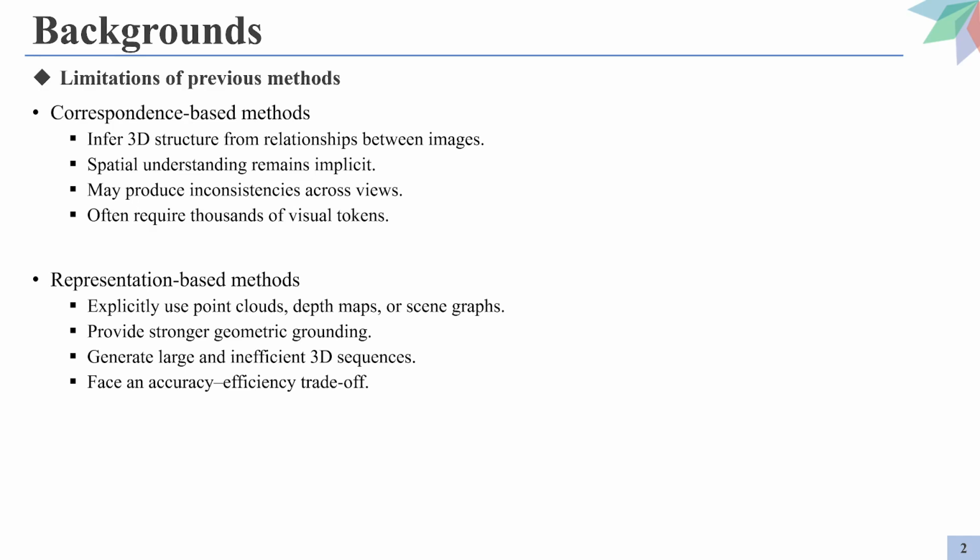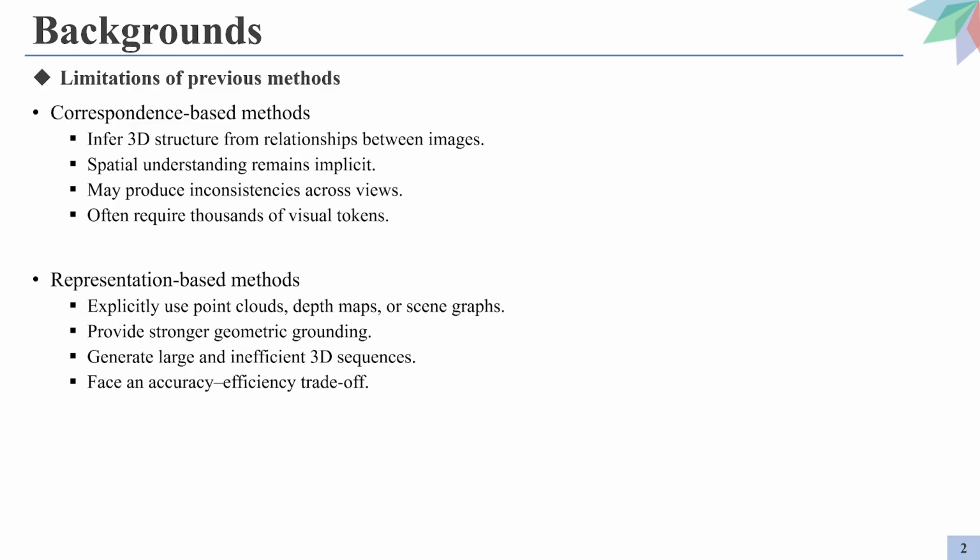The previous methods of the field can be divided into two broad categories. The first category is correspondence-based methods. These approaches use multi-view image matching, cross-frame attention, reconstruction objectives, or positional encoding to learn relationships between different views.